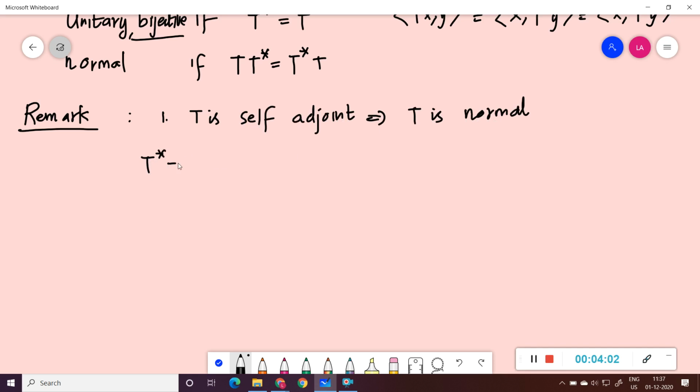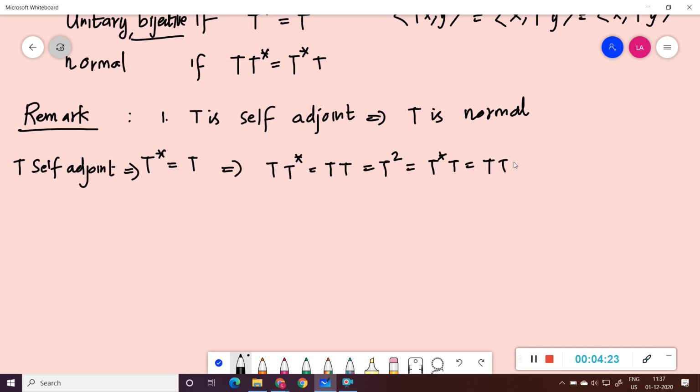Since T is self-adjoint, T star is equal to T. Then T star T is equal to T times T, which is T square, and T T star is also T square. So T star T and T T star are actually the same, which implies T is normal. So T self-adjoint implies T is normal.